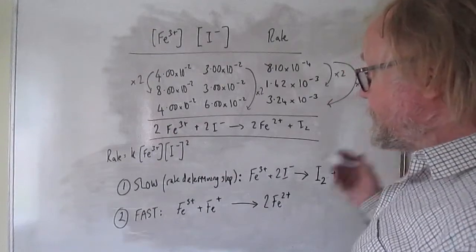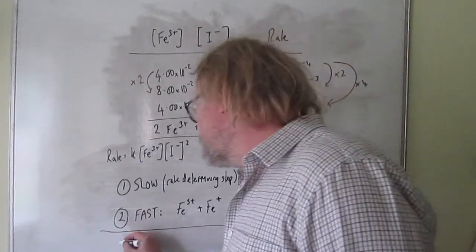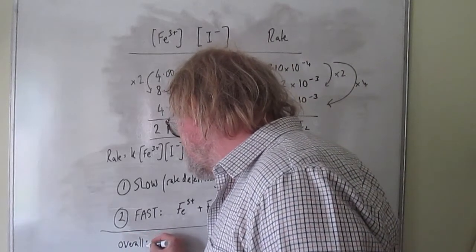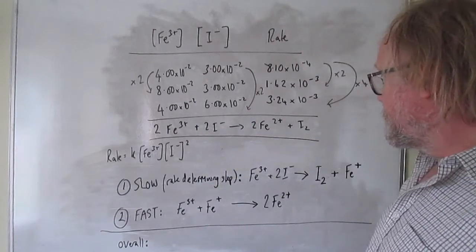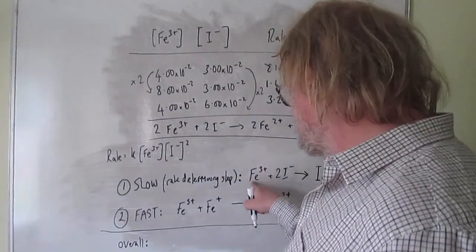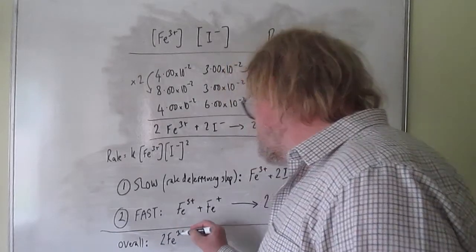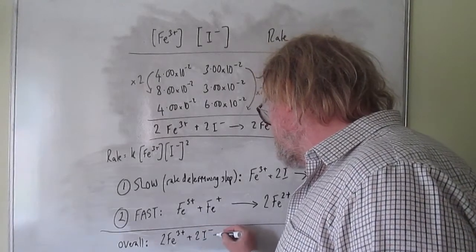You don't actually need to write any more than that, but I think it's a good idea, as a check and also to show that you understand how this works, that if you add these two equations together, you get the reaction equation. And you can see that's right, because we get 2 Fe3+ plus 2I- plus Fe+.